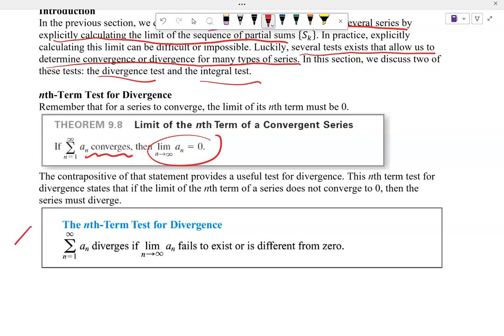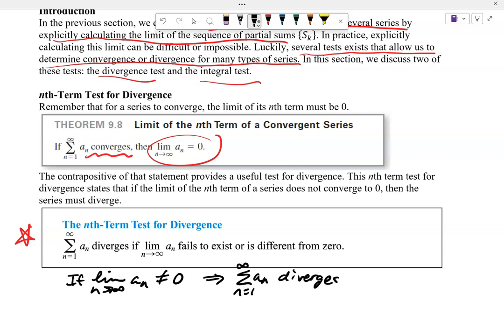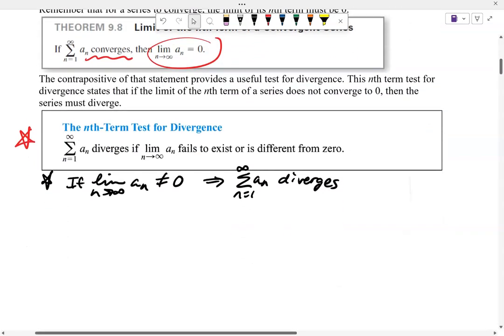But that leads us to the contrapositive, which is the nth term test, which says, hey, if it diverges, or I like to say it as if the limit does not exist or is not 0, right? Then the series diverges. This is how I think about it. That's the contrapositive of that up above.